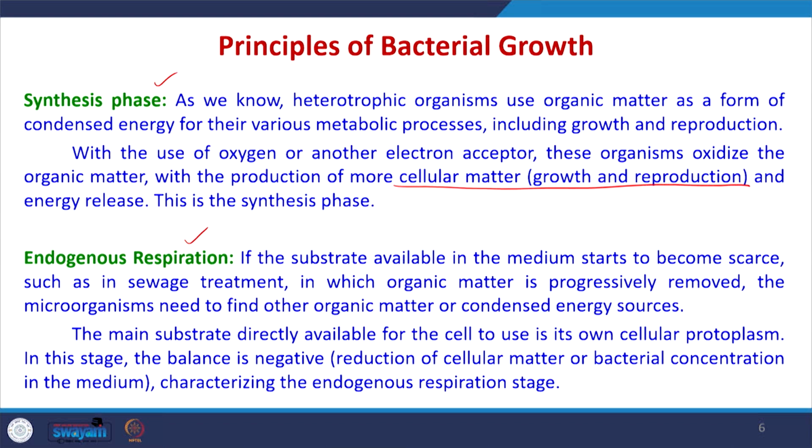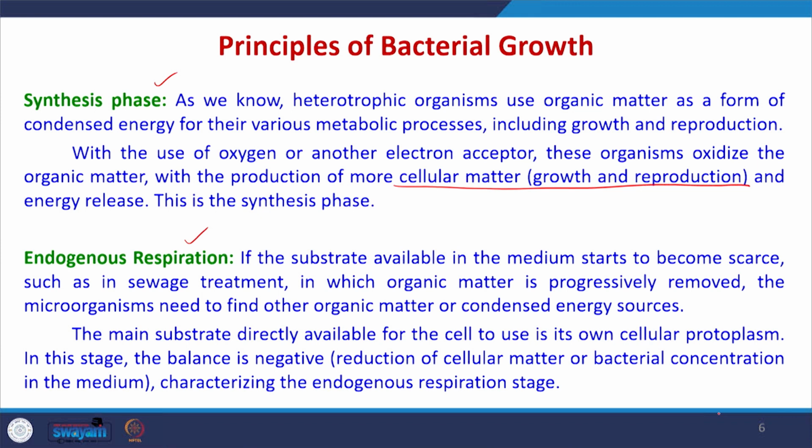During the endogenous respiration phase, the substrate available in the medium becomes less because we have already peaked and the synthesis phase is virtually over. So, under those conditions the substrate available in the medium becomes scarce. The organic matter is already removed and the microorganism needs to find organic matter from other sources.